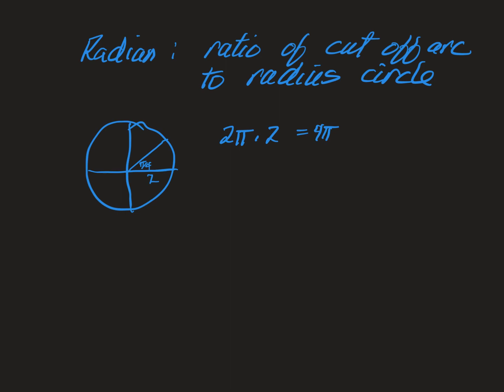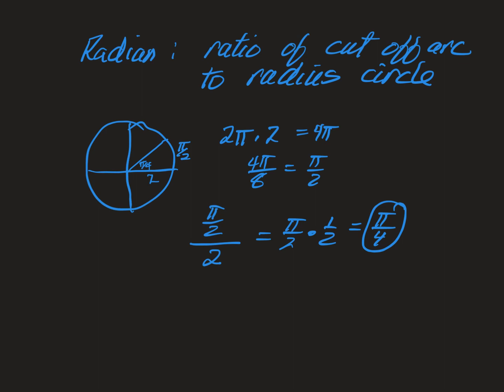But if I have 8 equal arcs, that's 4 pi over 8. So the arc length is pi over 2. But the radius is 2. So the ratio of the arc length to the radius is going to give us the angle measurement in radians.